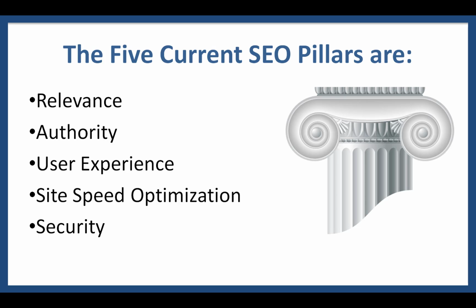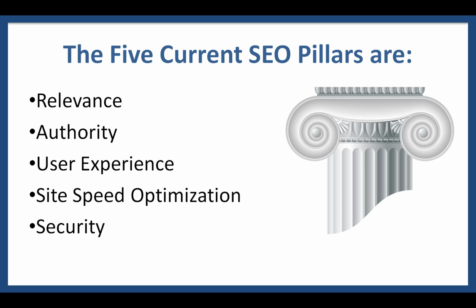In the beginning of SEO, going back 20 years now, there were search engines such as Yahoo and Google in its infancy. Let's just talk about Google, for instance. The first Google algorithm really only worked on the pillar of relevance.